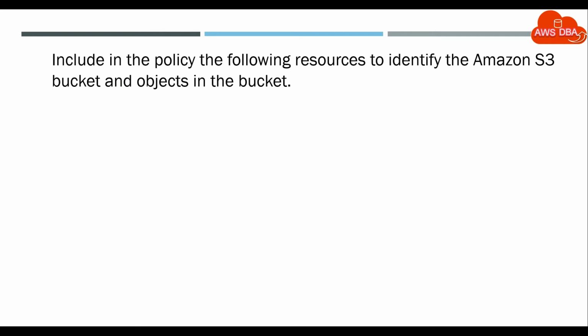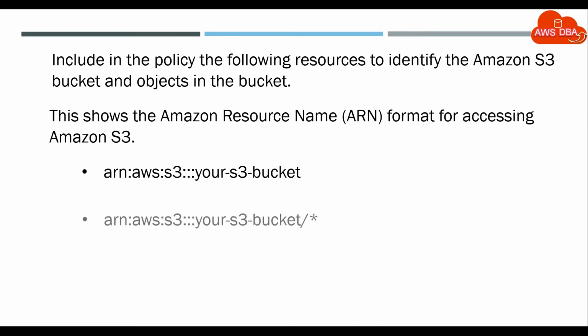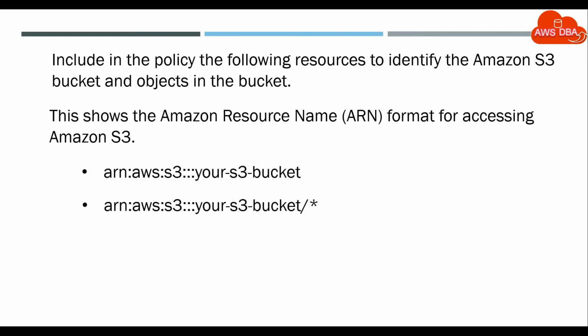Include in the policy the following resources to identify the Amazon S3 bucket and objects in the bucket. This shows the Amazon Resource Name, ARN, format for accessing Amazon S3: arn:aws:s3:::your-s3-bucket and arn:aws:s3:::your-s3-bucket/*.